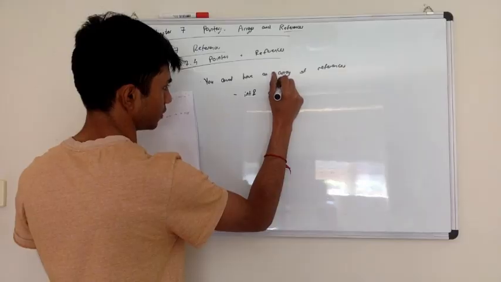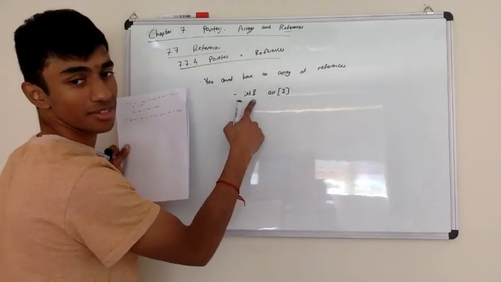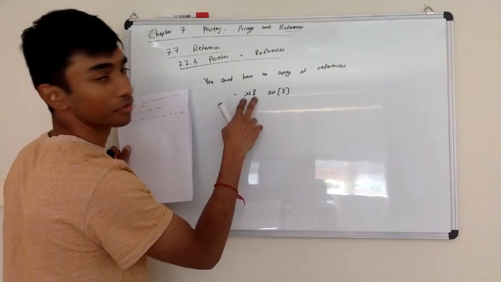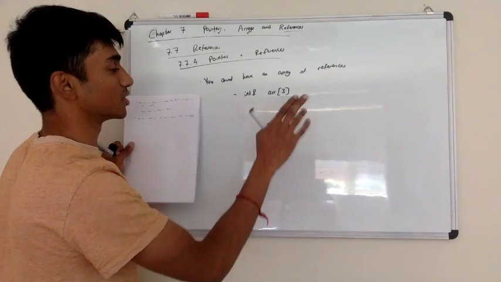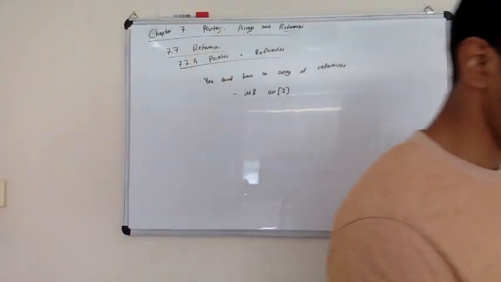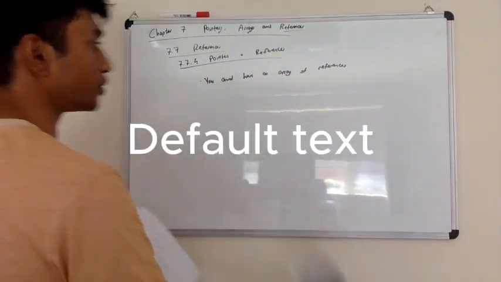Trying to make an array where each element is a reference to an integer is not something you can do. Maybe it's because it will always just create a reference to the first element or something. I'll have a reason on the screen. But you cannot have an array of references.